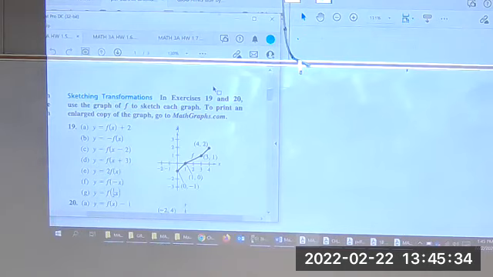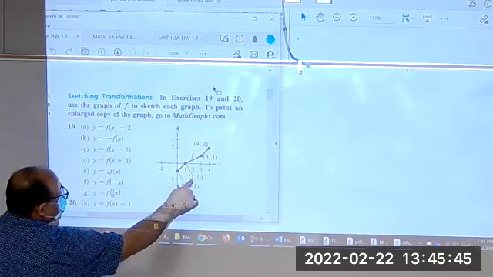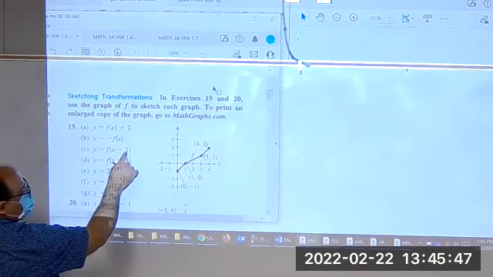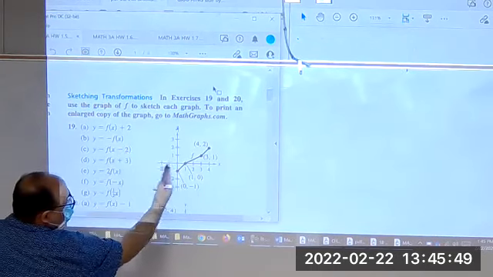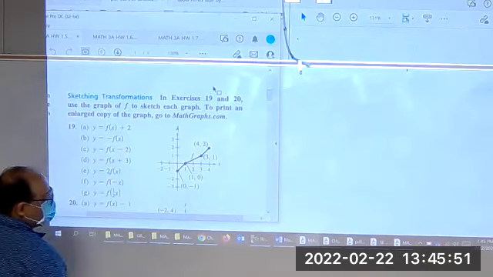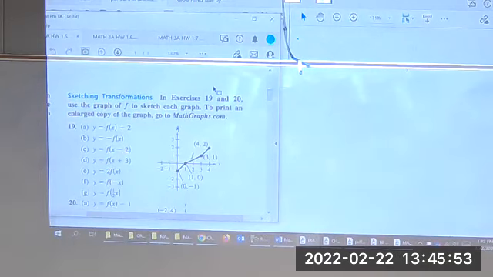And how in the world do I know what's going on at -2? I can't graph that one because I don't have the information about -2. 1 minus 2 is -1. I don't know anything about the graph over here at -1. This function is not defined for -1.